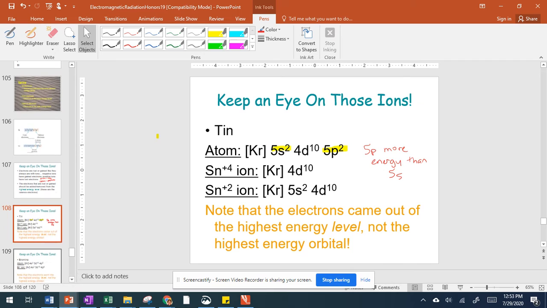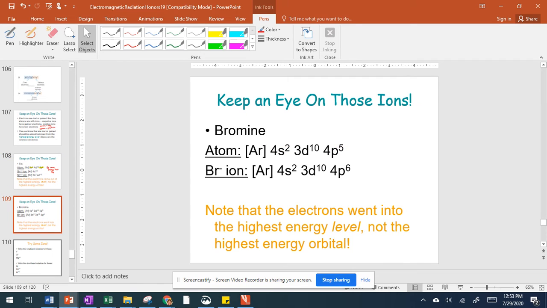Okay, if we look at the next slide, here we have a negative ion. We have bromine -1. Notice here the neutral bromine atom has a partially filled 4p sublevel. When we add 1 electron, we add it to the highest energy level and highest energy sublevel, which is the 4p, and that becomes filled.